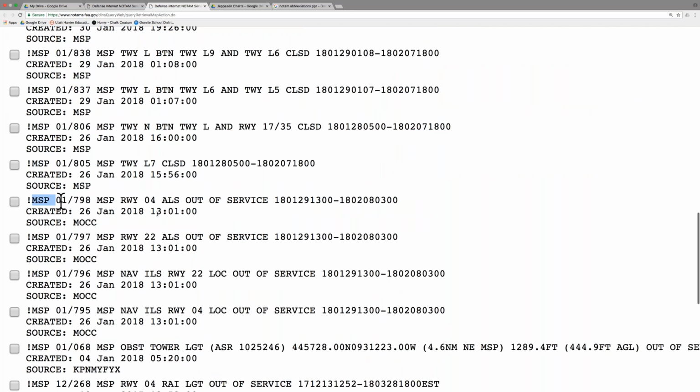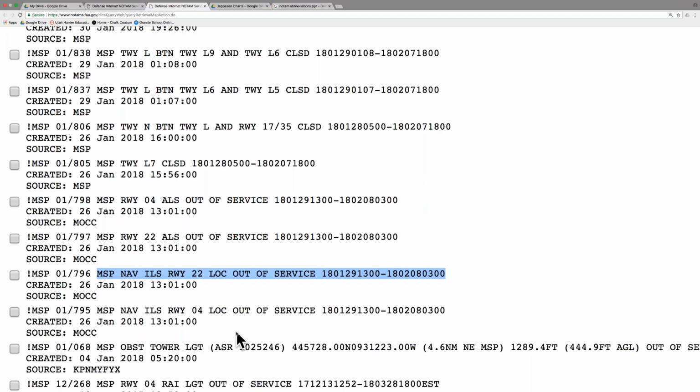What about this one? Anybody want to take a stab at that? Approach lighting system is out of service for runway 4 at Minneapolis. Okay. What about this one? A certain approach is out of service.